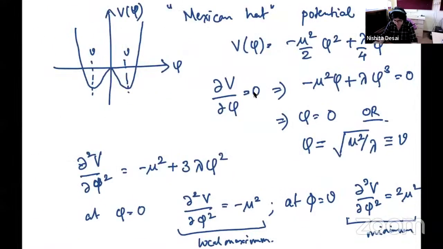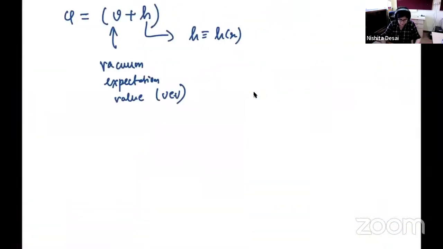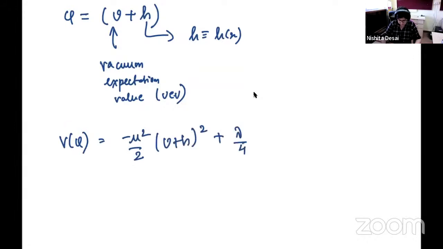So you are essentially expanding around the minimum. Your vacuum is always the minimum of your theory, so that's going to be your vacuum. And once you expand around that, you can write all your terms. So you can write, for example, your V of phi, which then looks like the fourth power.